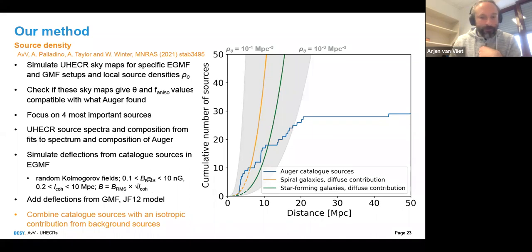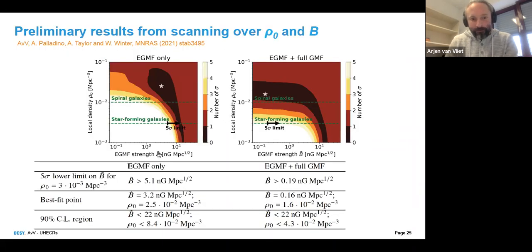Stronger fields give you stronger deflections, but a longer coherence length of these random magnetic fields also gives you stronger deflections, because you have a continuous deflection in the same direction along a longer distance. So what is important for the amount of deflection of ultra-high-energy cosmic rays is really this combination of parameters. That's also why we call this B tilde here. So this is not really a magnetic field strength. It's a magnetic field strength for a coherence length of 1 megaparsec.